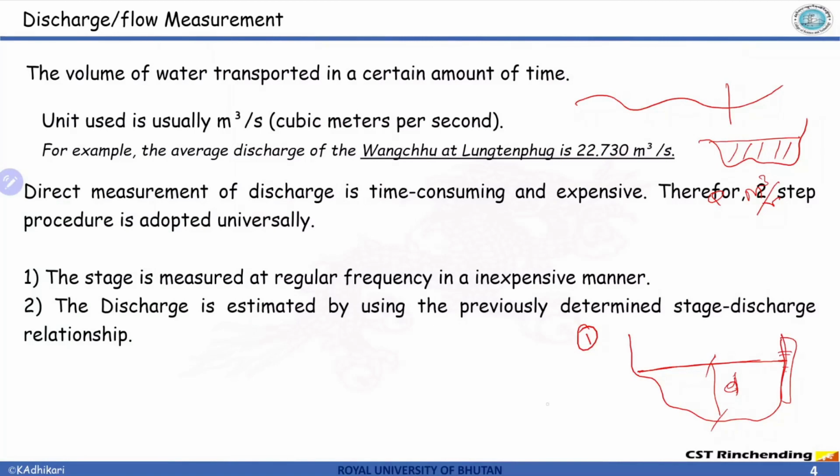A rating curve relates stage or the depth. For now I'm just using the term depth, and sometimes I may use stage, it is one and the same thing. So the discharge is a function of this depth. So we plot a stage versus discharge curve, and by knowing the stage at different times we can compute the discharge. This process is generally followed across the globe. Most rivers we still follow this method to compute the discharge.